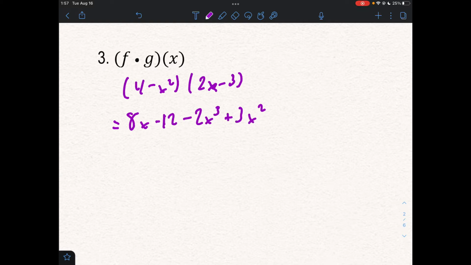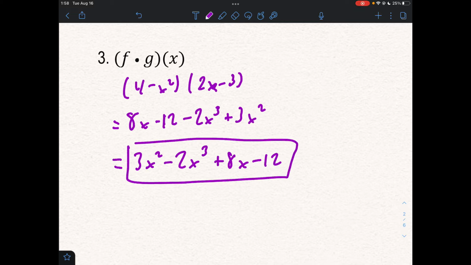And if we simplify, there's nothing to combine here, but we can rewrite in descending order. We get negative 2x cubed plus 3x squared plus 8x minus 12, which I didn't even do in descending order. Can't move these two around. Now we're in descending order.